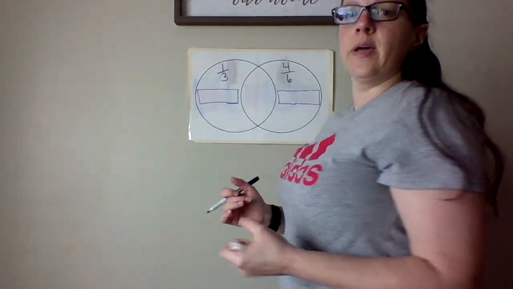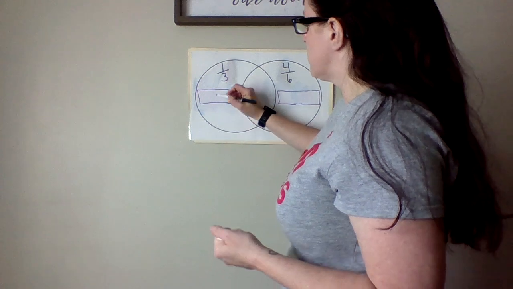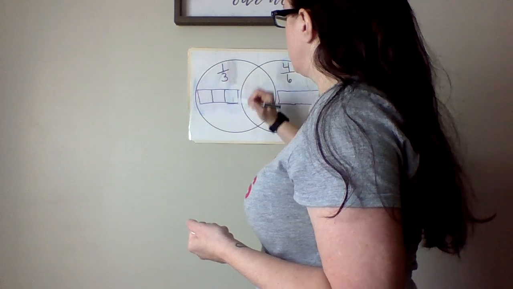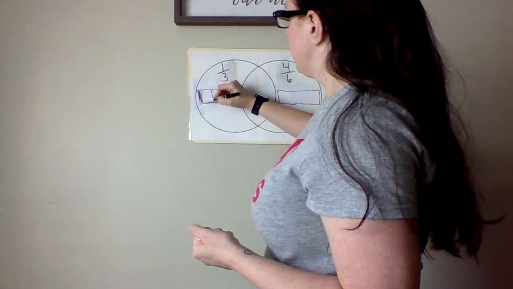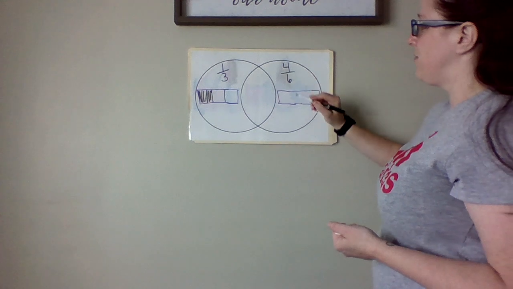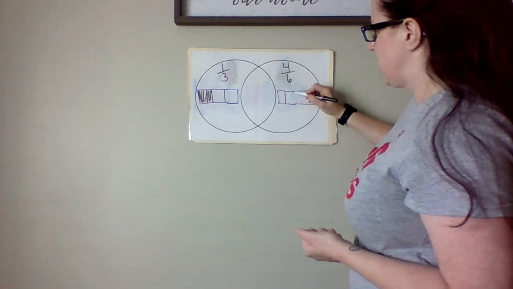All right, our next one is 1/3 and 4/6. So here I'm going to split this fraction bar up into 3 parts. So I need 2 lines, and I need 1 shaded. And here is 4/6, so that means I need 5 lines. So it's a little more difficult. Just kind of eyeball it as best as you can.